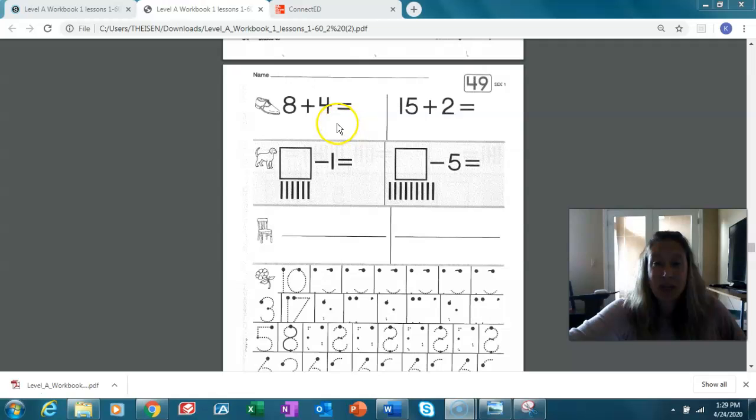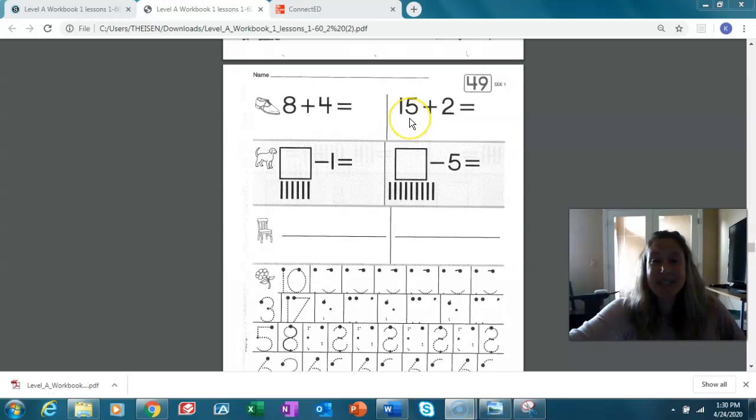Okay, once you've located page 65, I would like for you to find the shoe on the top of your page. Next to the shoe are two problems. I'm going to read the problems first, and then you're going to read the problems and we're going to work them, okay? So first problem says 8 plus 4 equals.